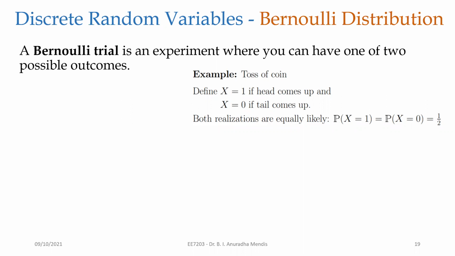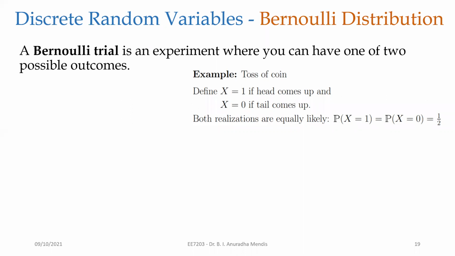Last time we defined what is a random variable. The sample space is head and tail. This sample space we map to a random variable. If it is head, the random variable is equal to 1. If it is tail, the random variable is equal to 0.